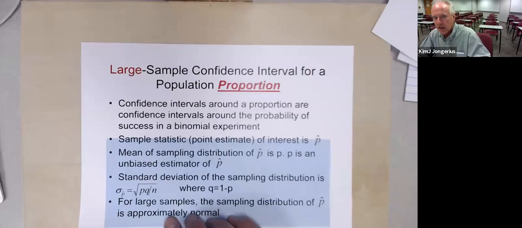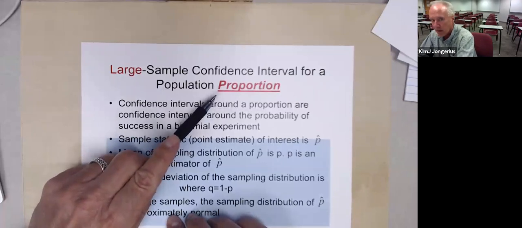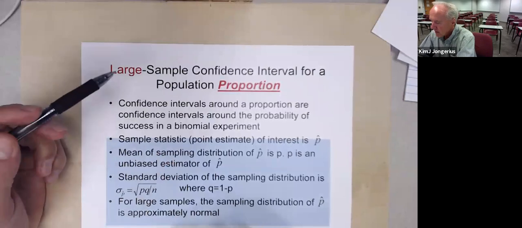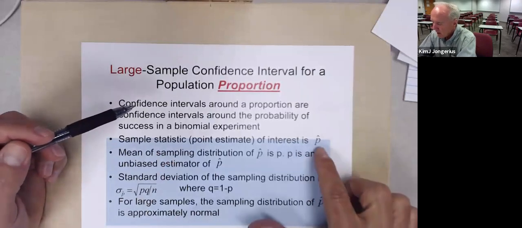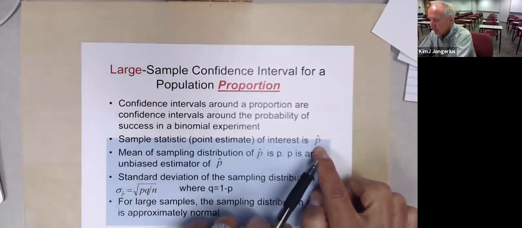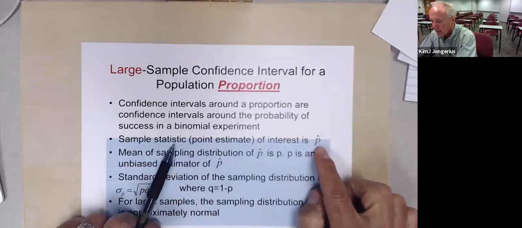As I mentioned, today we're looking at large sample confidence intervals for proportion. Proportion has some changes. Some of those have to do with our sample proportion, p hat. It is our point estimate, our sample statistic.